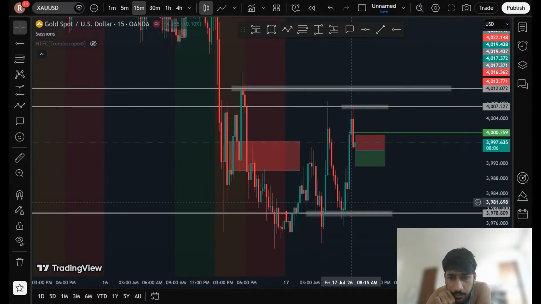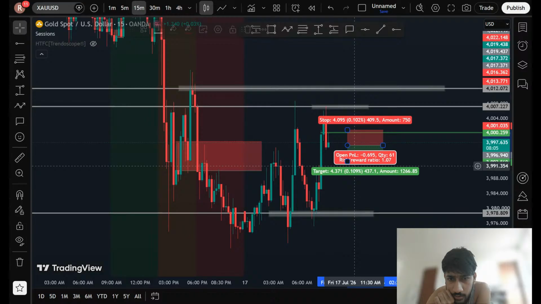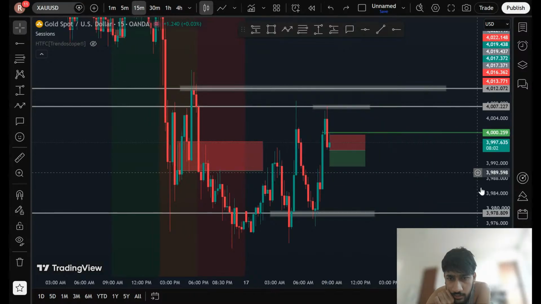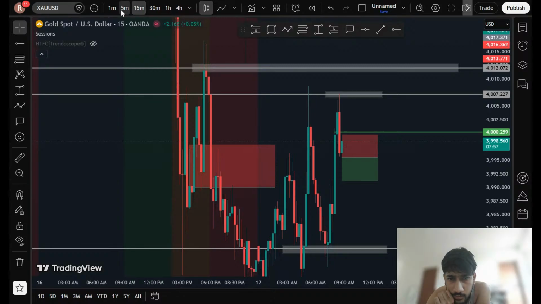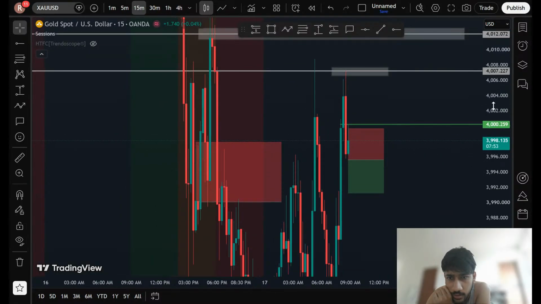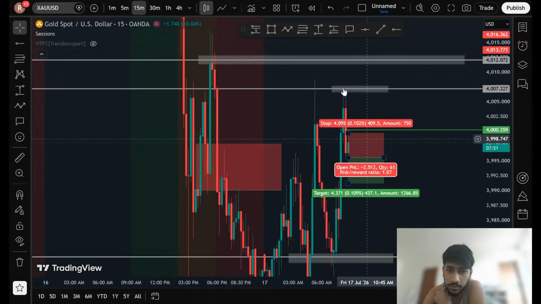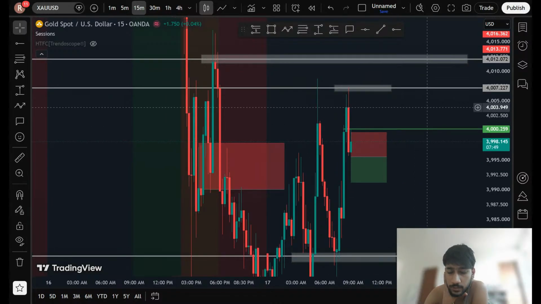We came down, we formed resistance, we have clean range. Now, if it breaks its own high, the trade is just invalid, because then we would have retraced more than 50% at that time, so it would just be invalidated.